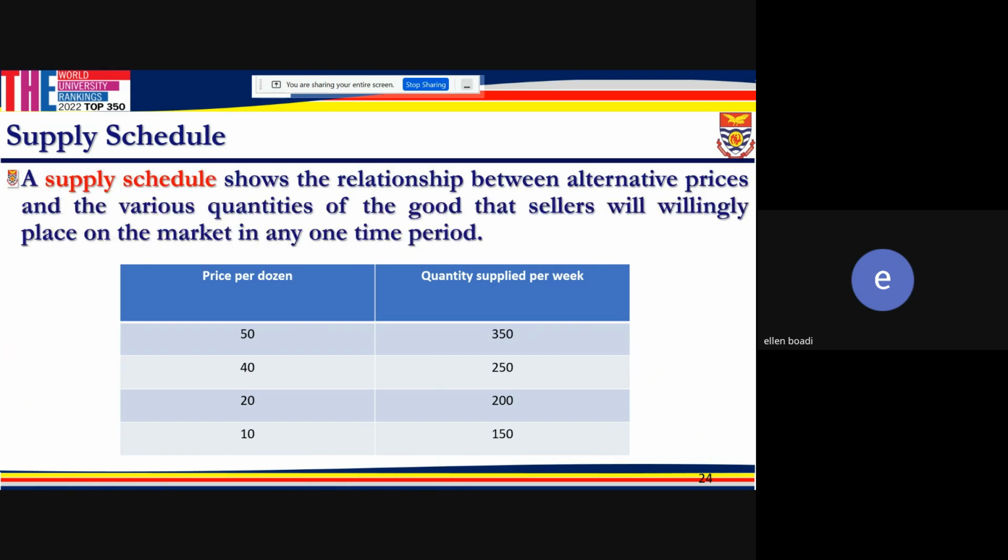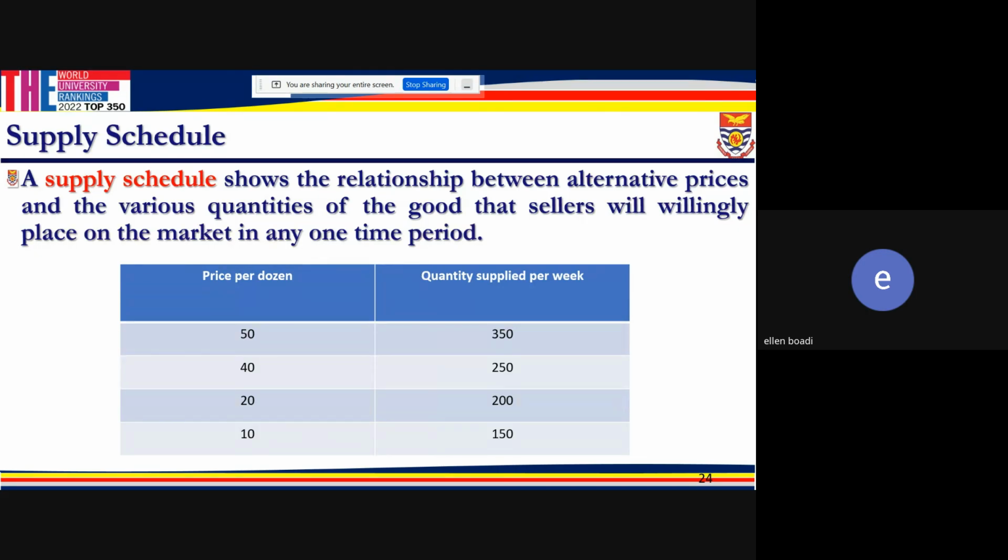Let's look at this. Just as we have a demand schedule, we also have a supply schedule. The supply schedule looks at the relationship between the price of a commodity and the quantity that is supplied per week.